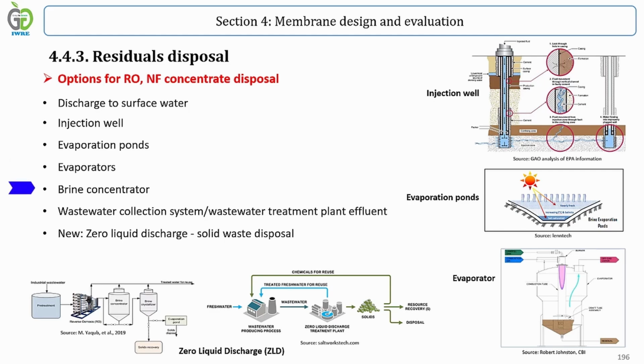Brine concentrators and crystallizers, as noted earlier, are additional technologies to reduce the volume of concentrate and can lead to zero liquid discharge, in which the only residuals from the facilities are solids. Wastewater collection system can be applied as an option if the centralized collection system is available.